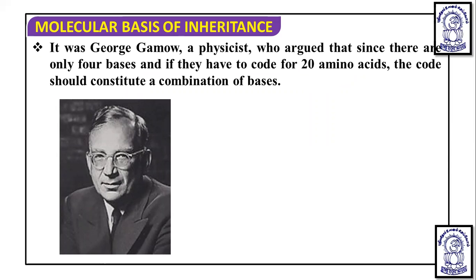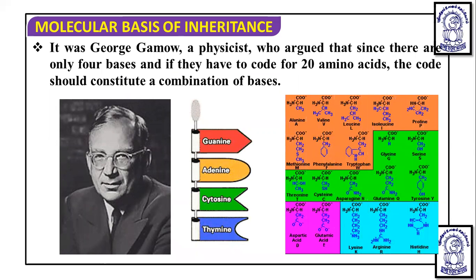So Gamow said there should be a combination of bases, and these are the different amino acids given on this flowchart. Here you can see the different amino acids and their structure, and these are the four nitrogenous bases. These four nitrogenous bases can code for a maximum of four amino acids. That is not able to code for the 20 amino acids.